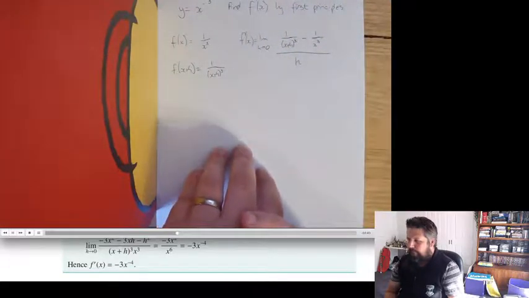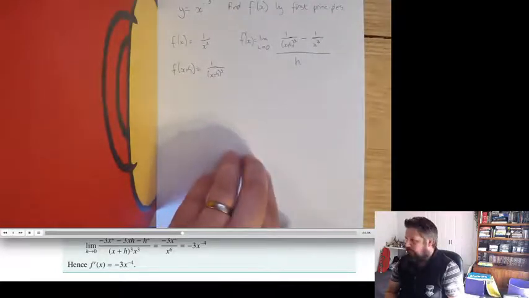So that's just using first principles for differentiation.